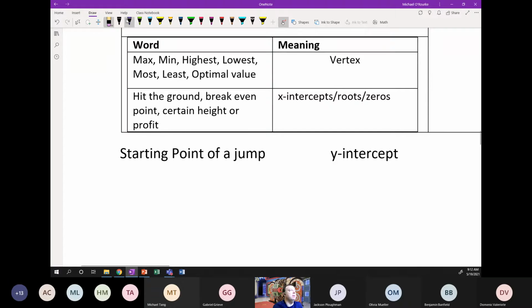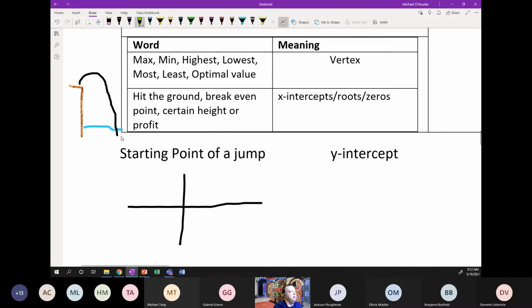When we're dealing with x-intercepts, I'll draw a graph like this. If I talk about hitting the ground, right? If I go back to my cliff here, let's talk about water. If I jump off here and ask, at what time do I hit the water?